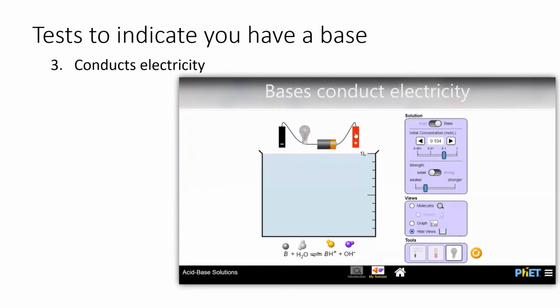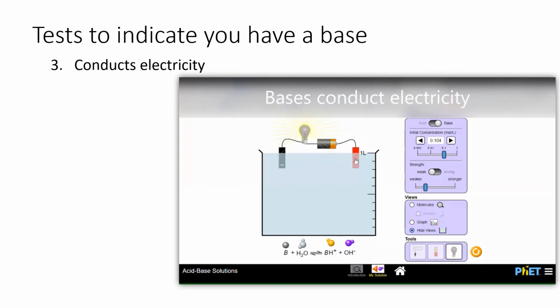Our last test that we can do to figure out if we have a base is that bases will conduct electricity because bases are electrolytes. So what we're going to do right here is look at our video where we have our electrical conductivity meter and we are going to be putting it in a base and we're going to see what happens. And we can see that when we put our electrical conductivity meter in a base, our light turns on.